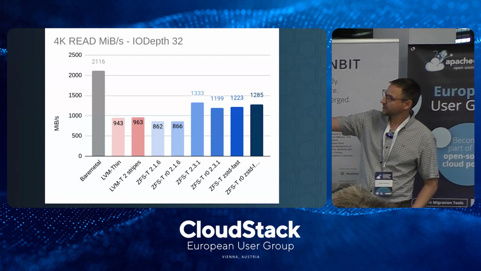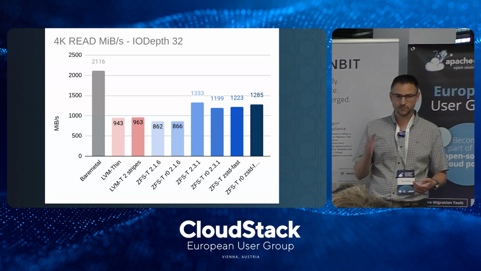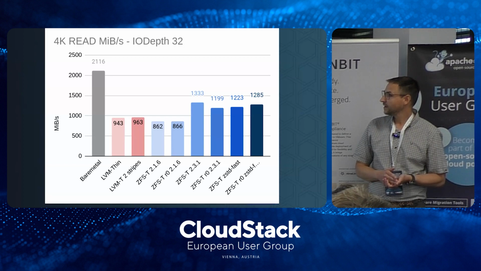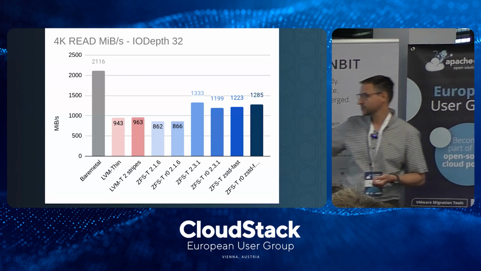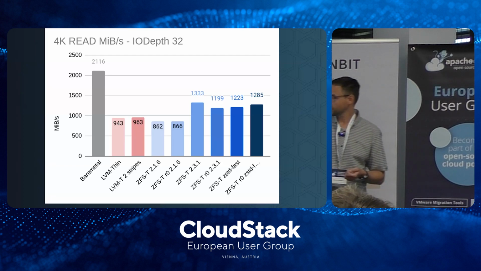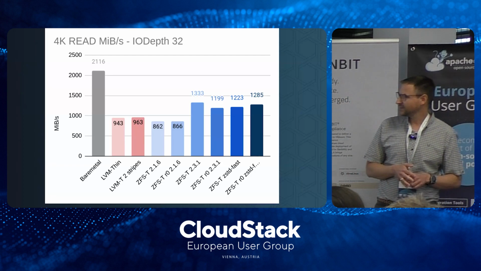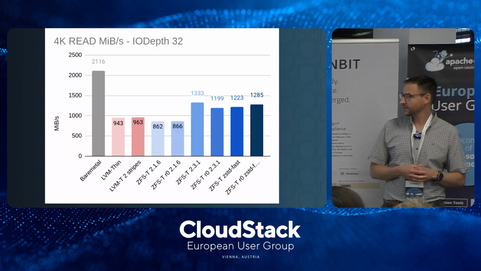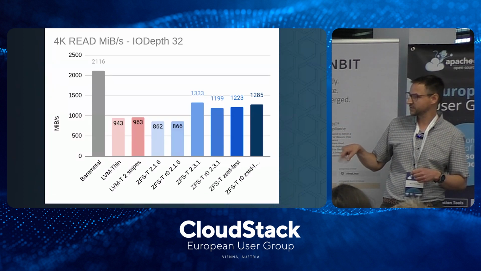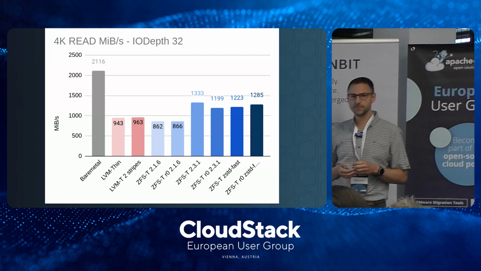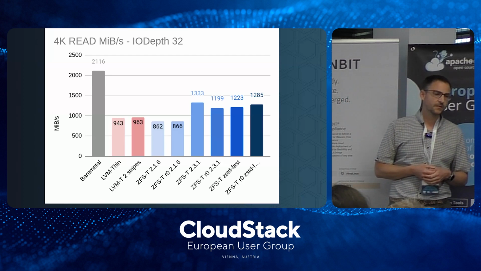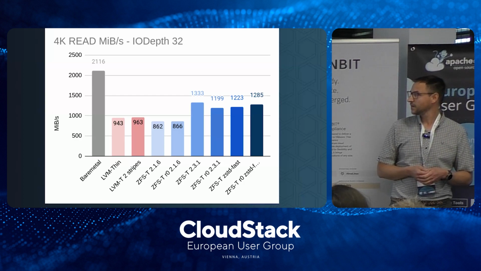On the left, the gray one is the bare metal, so just one single drive. Already surprising for me that ZFS was faster here with the newer versions. That's probably because of ZFS 2.3, and I tested two ZFS versions. In the 2.3.0 release, they made a lot of improvements on the direct IO path.